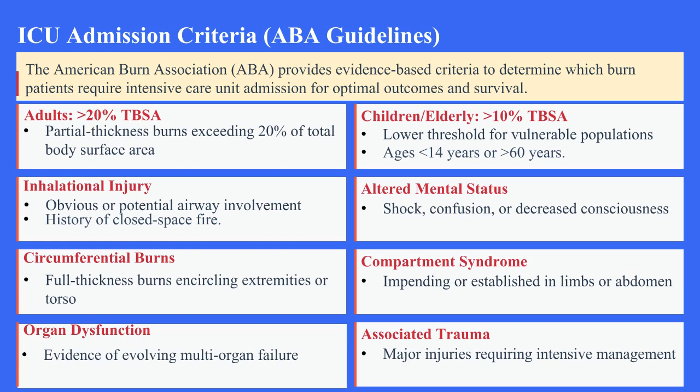Any altered mental status, such as confusion or decreased consciousness, is another warning sign. Circumferential full-thickness burns, or signs of developing compartment syndrome, also require close monitoring. Finally, patients showing organ dysfunction or those with significant associated trauma need intensive care support to prevent deterioration.